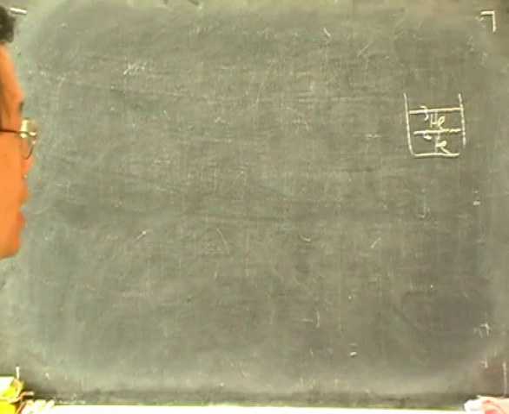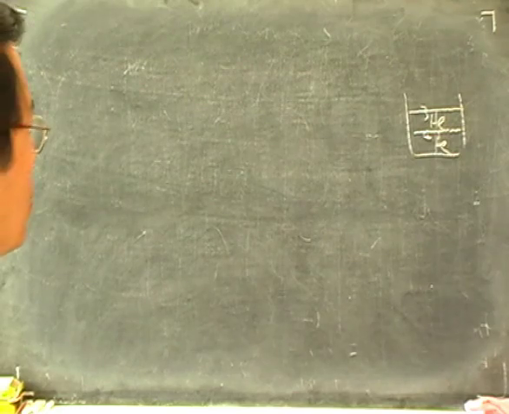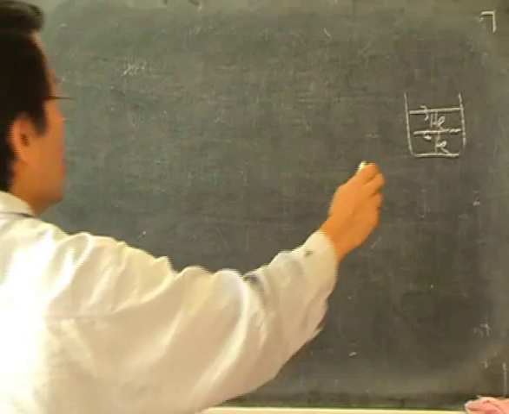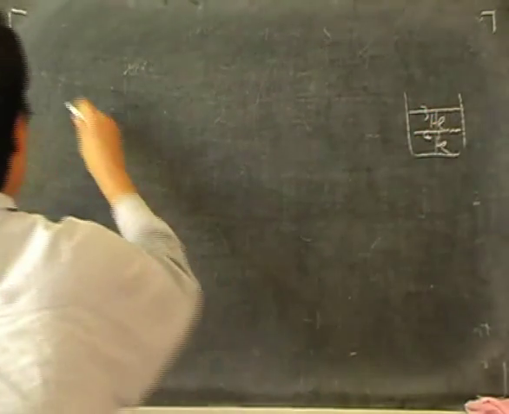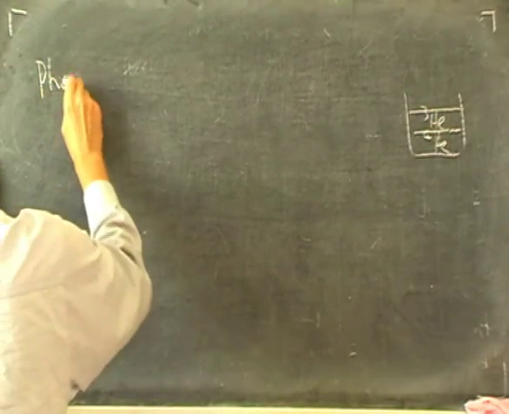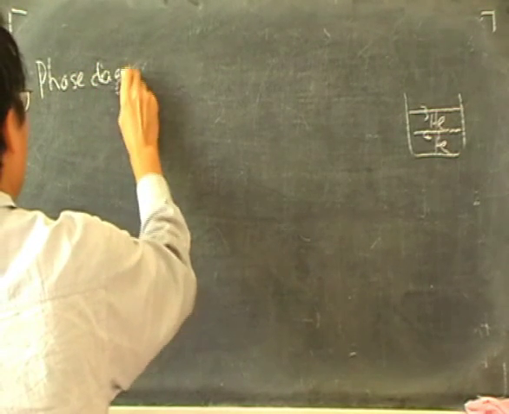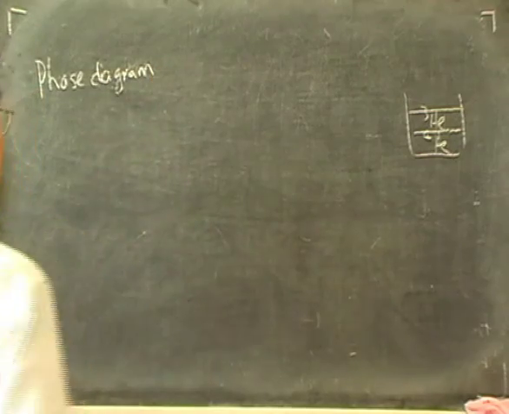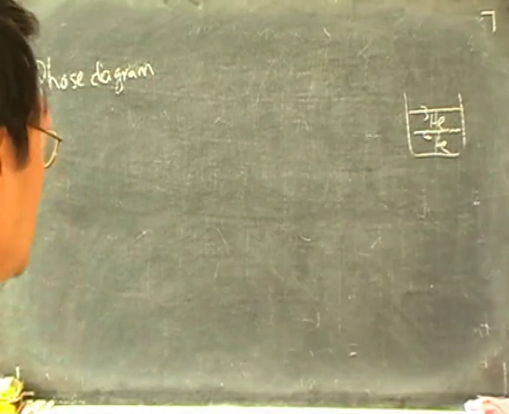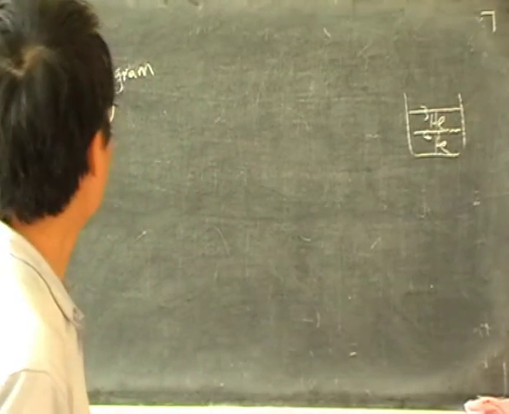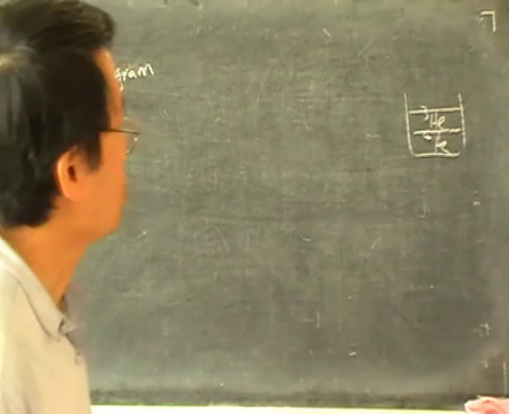Now, in order to do that, first we need to understand how it separates into the two layers. So we'll look at a phase diagram of the mixture to see how a mixture of liquid helium-3 and 4 behaves at different temperatures and concentrations.